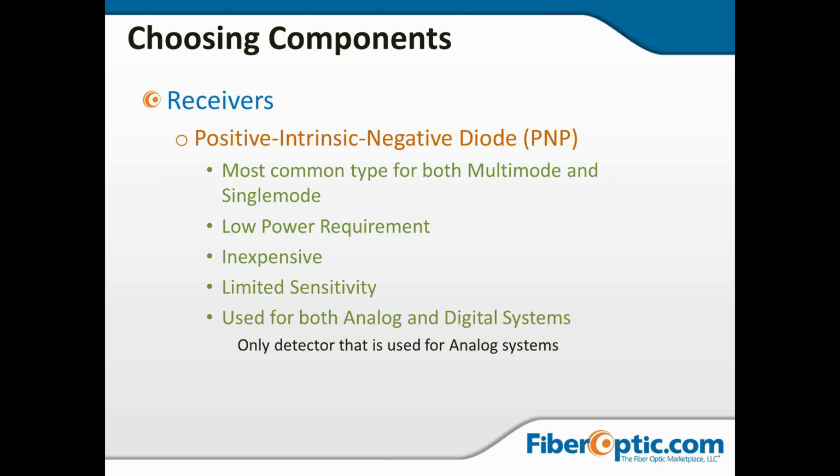Not just in its low end, but in its high end. It's easier to overdrive and saturate these types of receivers, these photodiodes. It can be used for analog as well as digital systems, and in fact it is the only detector that can be used for analog.